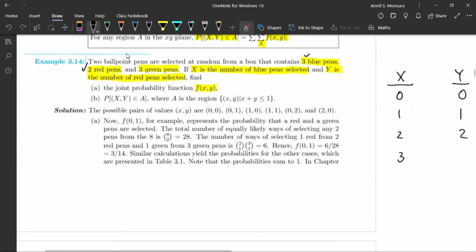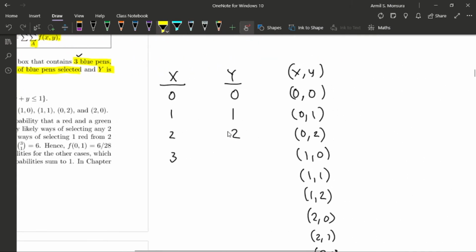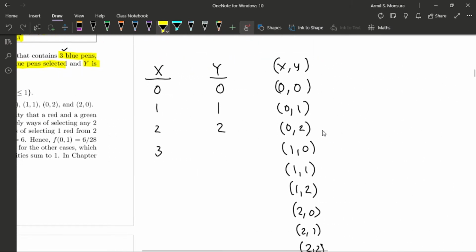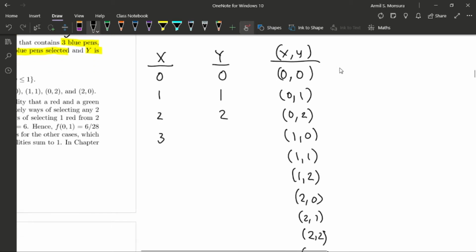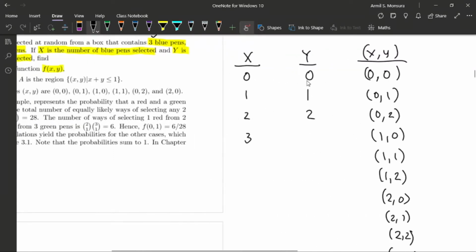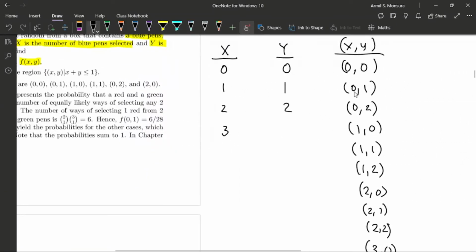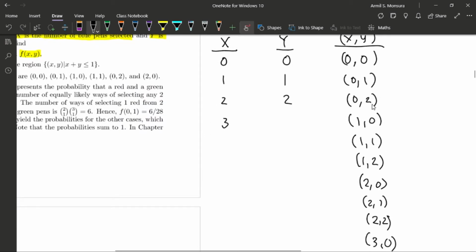But remember that the problem states that you only have to select 2 pens. So therefore, we will have to remove from your sample space those outcomes that would result in more than 2 pens. So, for example, this is 0, 2. Ito okay lang to, since this might mean na you have chosen 2 green pens. Ito pwede, because this means that you have chosen 2 red pens.